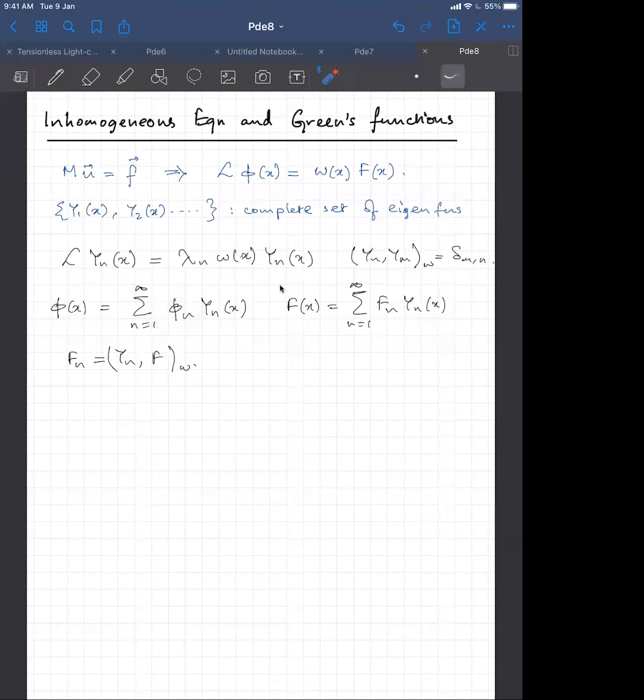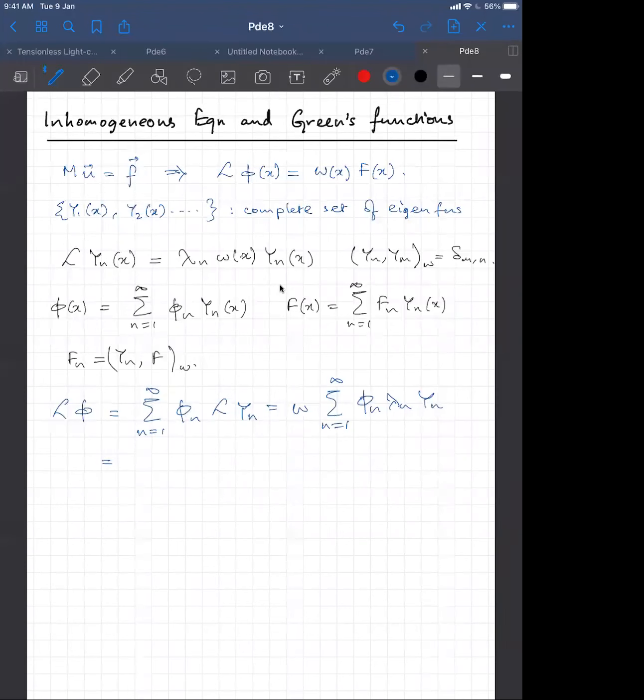So again, proceeding in the previous way, L of phi is equal to the summation n equal to 1 to infinity of phi n L of yn, which is the summation of phi n lambda n yn, just by the way that we have defined things before.